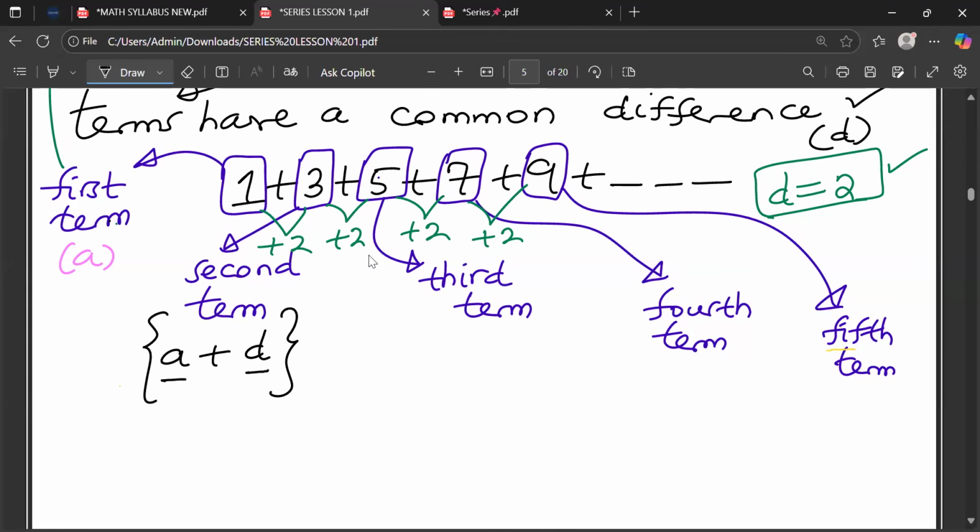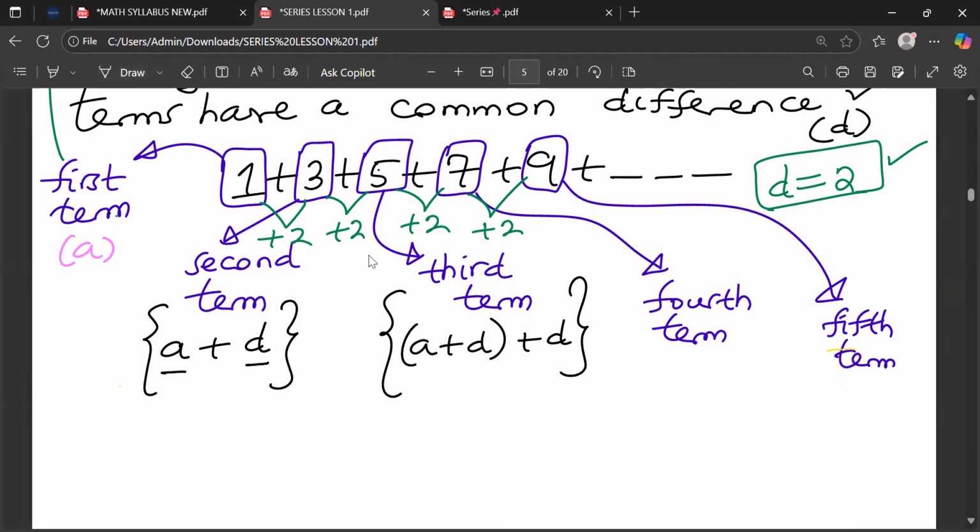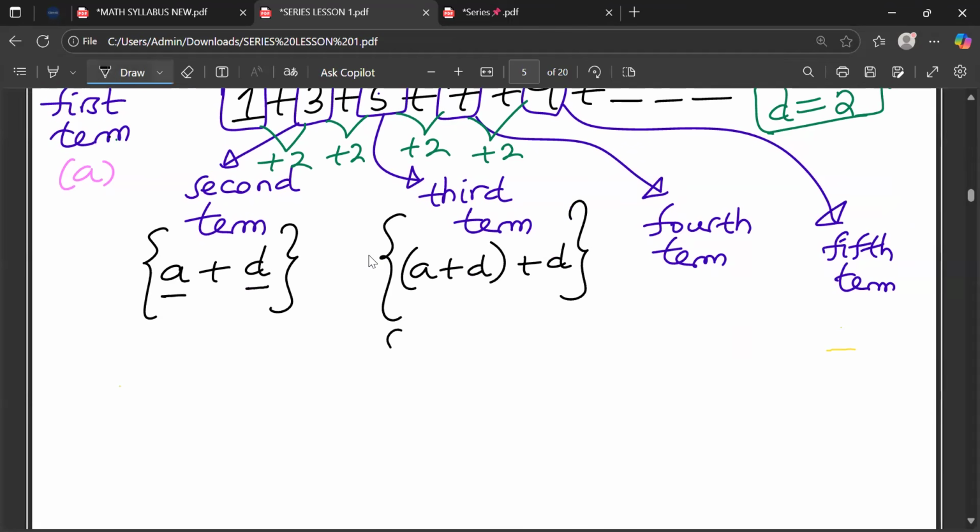Then for us to get the third term, we got our second term, which is this, and again added the common difference, and hence we came up with A plus 2D, isn't it?